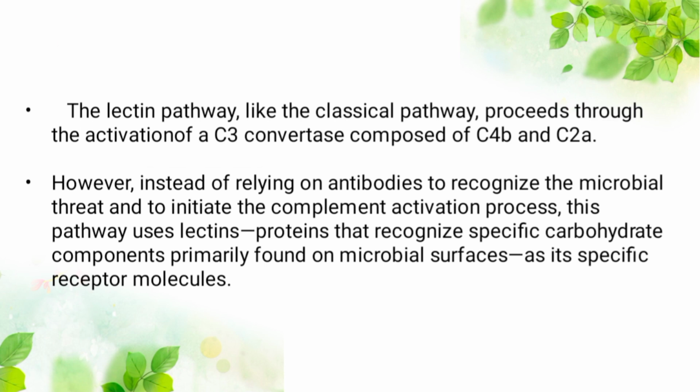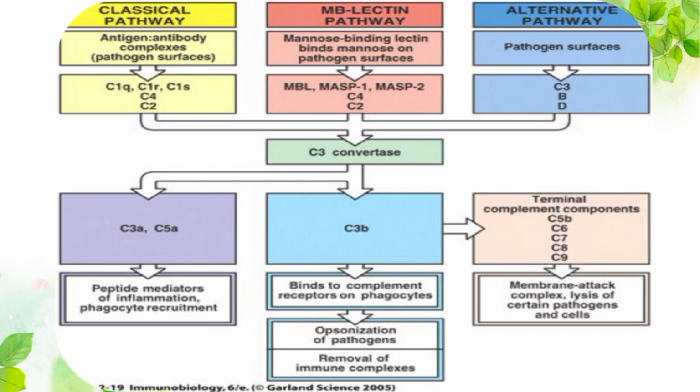In the MB lectin pathway, mannose binding lectin binds mannose on the pathogen surface, and MBL, MASP1, MASP2, C4 and C2 are converted into C3 convertase. C3 convertase cleaves C3 into two, C3a and C3b.